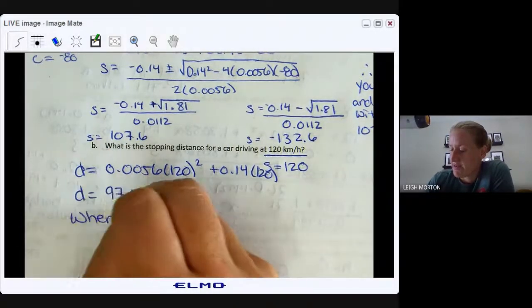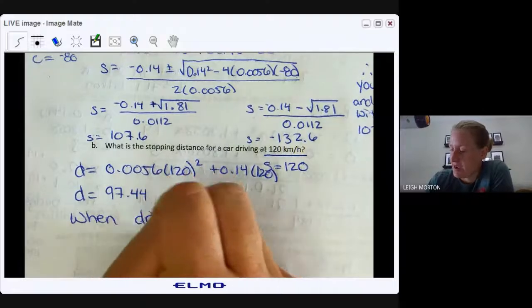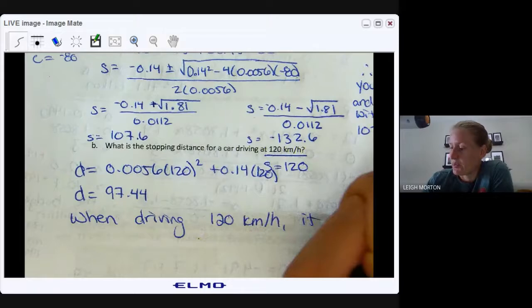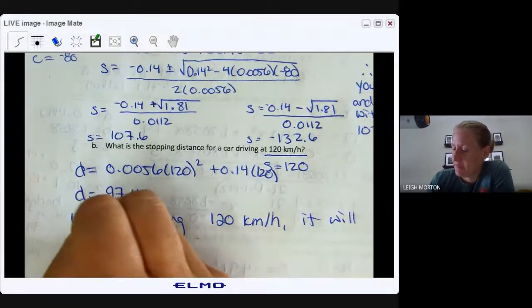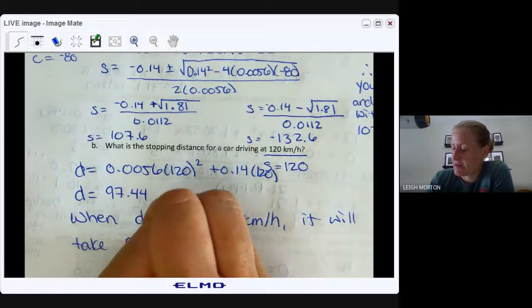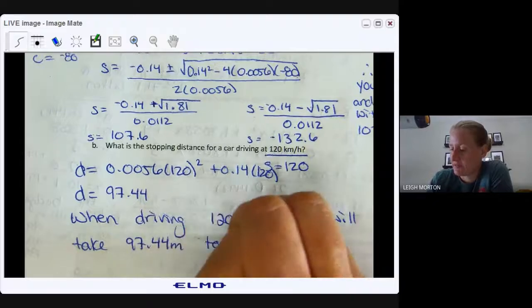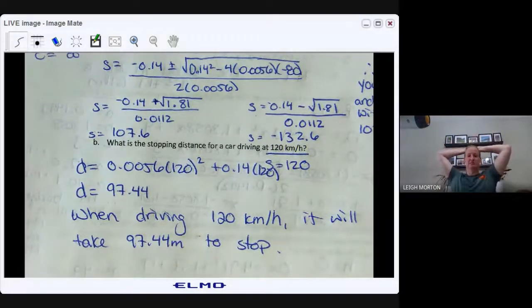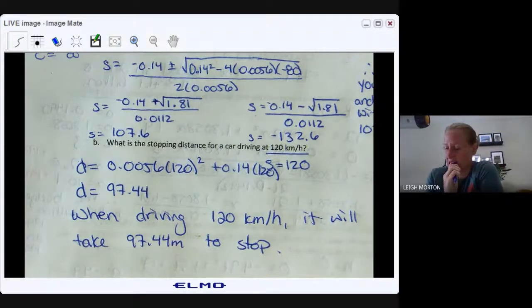That means when driving 120 kilometers per hour, it will take 97.44 meters to stop. It's almost 100 meters. That's the length of a football field, guys. Gotta have good reflexes. Wrap that up.